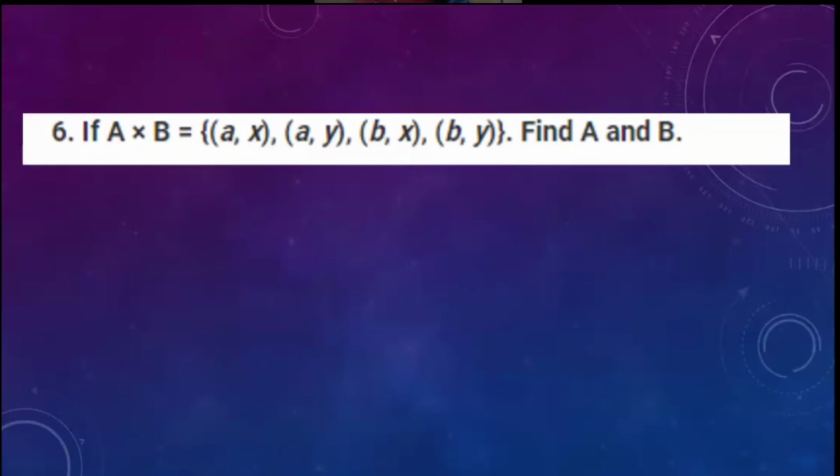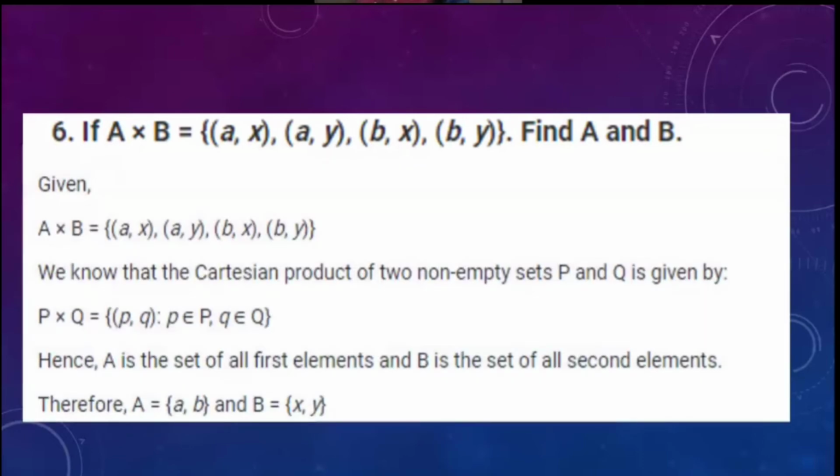So A will contain the first elements, A and B. In a set you write an element only one time. So set A contains A, B and set B contains X, Y. Okay.